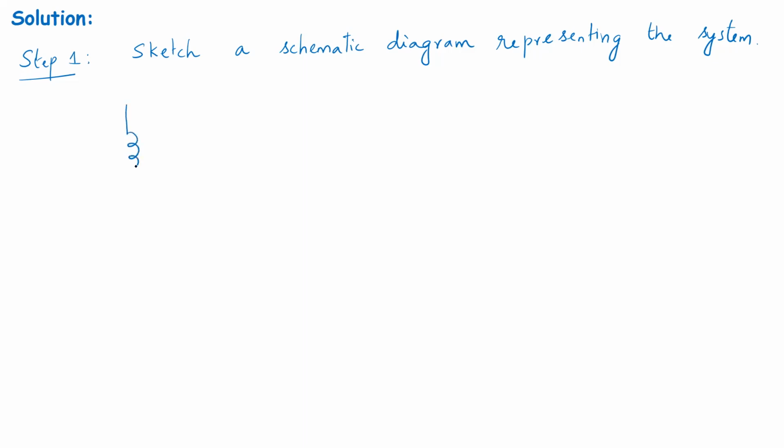So I will have a Y connection on one side, and there is a core which is represented by these two parallel lines, and then there is a delta connection on the other side.